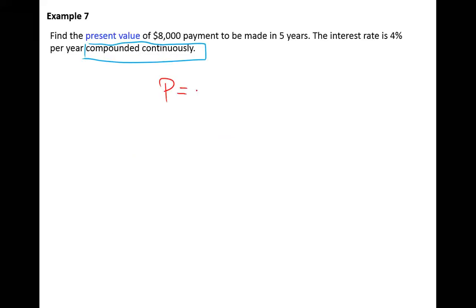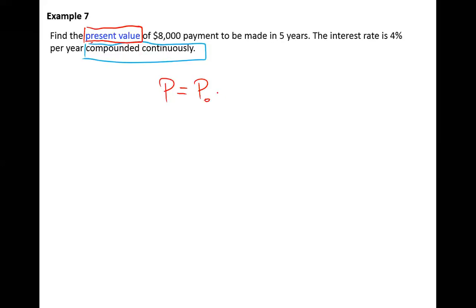I will use P sub 0 for present value. You can type it again. Is it the same as yours or the same as mine?